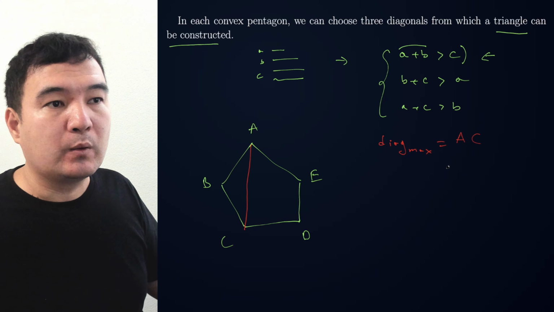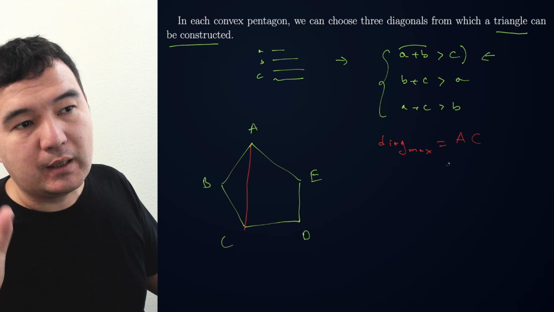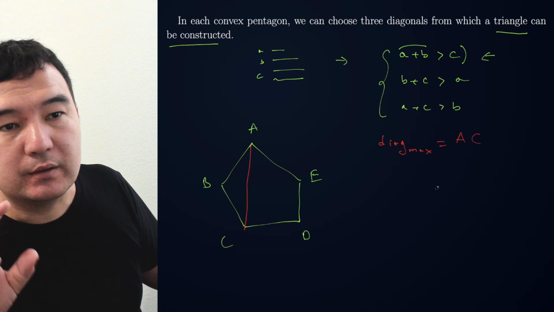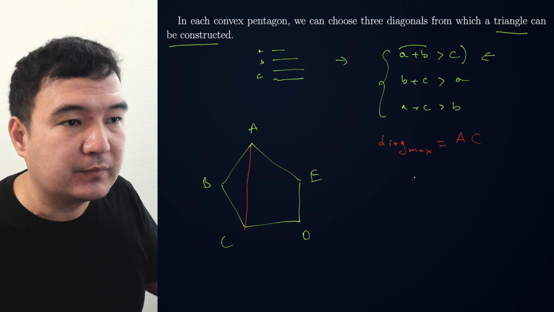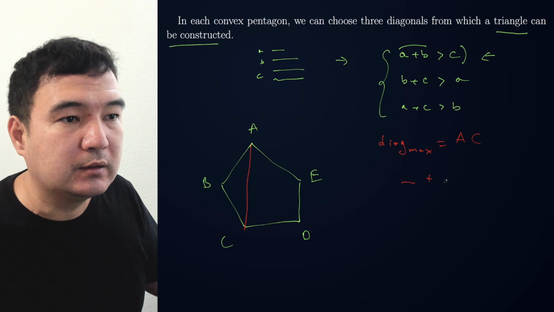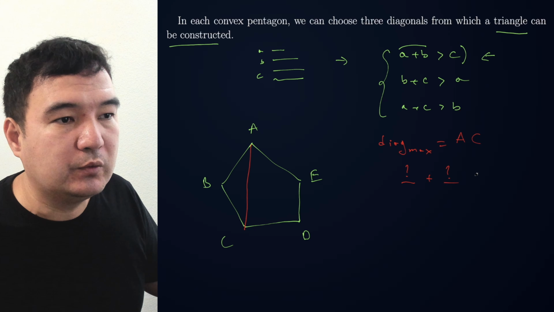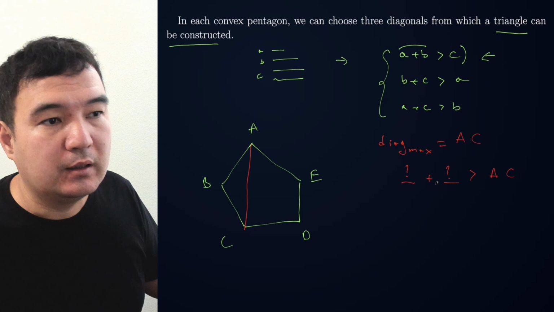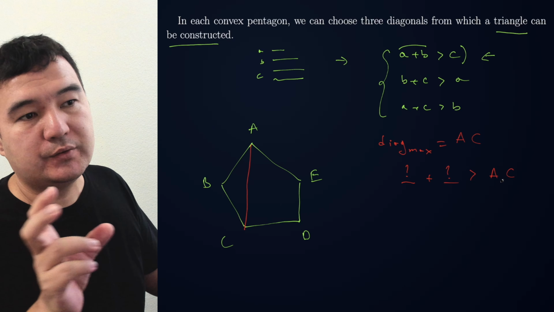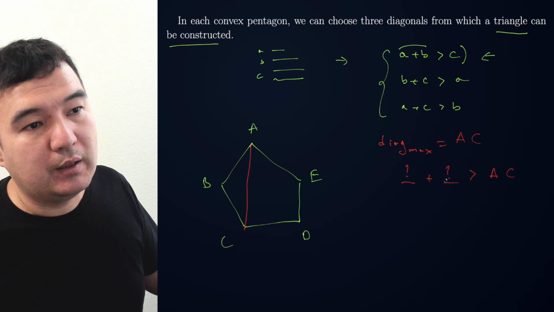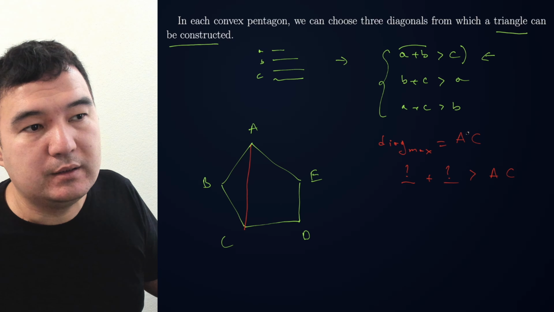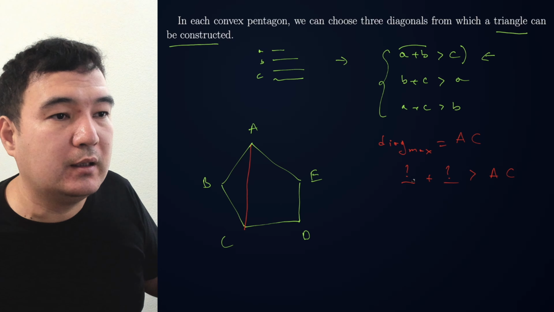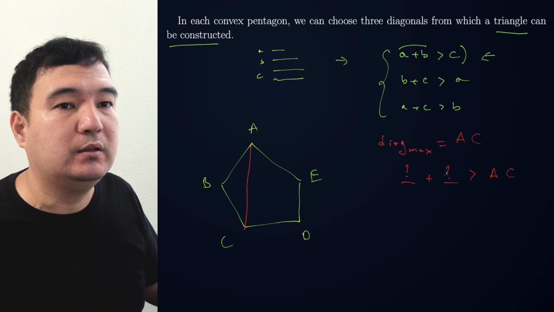Which means if we take the maximum diagonal and prove that there are 2 more diagonals, the sum of which is greater than AC, then we can use these 3, because each of the other two will be less than AC, since AC is the maximum. And then we can use these 3 segments to build a triangle.